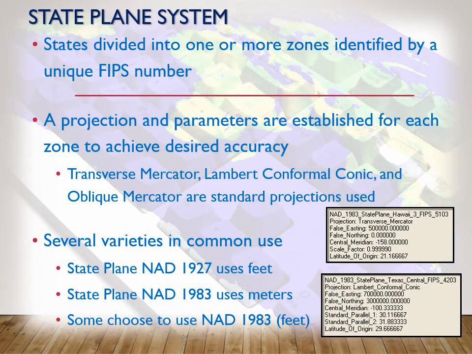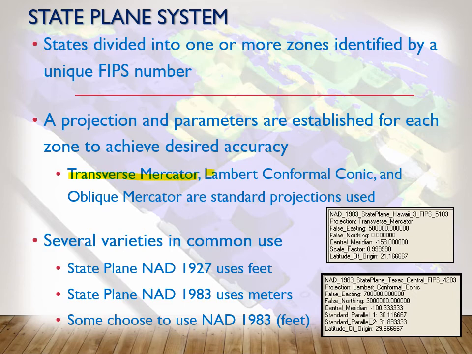Now that is UTM. Now state plane, what state plane does is it actually breaks up different states into various zones so that you have even less distortion when you're mapping it out. And we'll look at a map at exactly what those areas are. Essentially, in certain states, if the zone has a more north-south orientation, it uses a transverse Mercator.